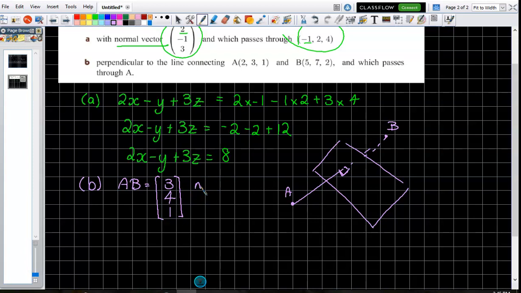It's perpendicular to the line which passes through the point A. So my diagram is a bit dodgy, because A is actually on the plane. Understand? So your point is your point A, which is (2, 3, 1).